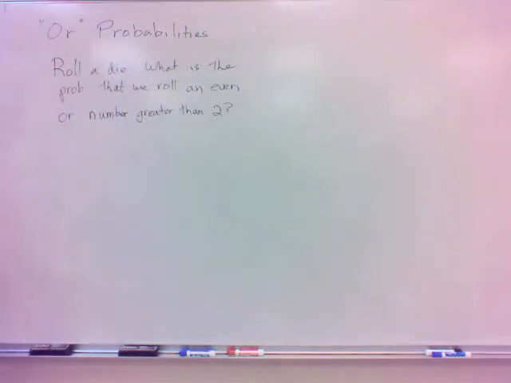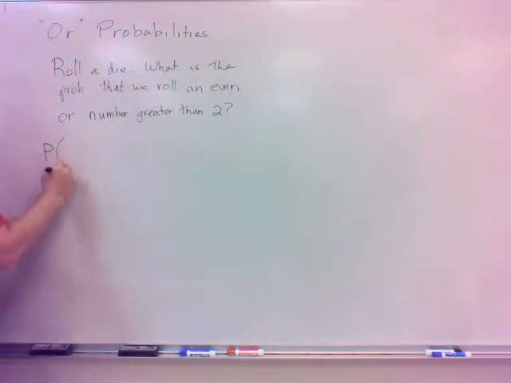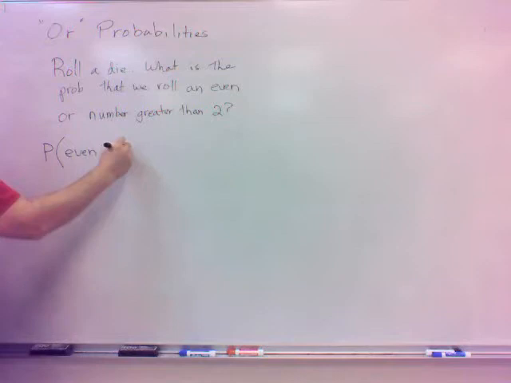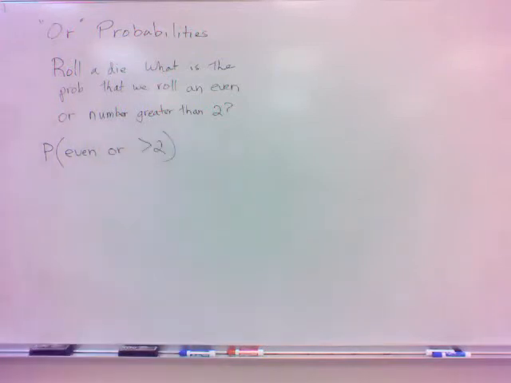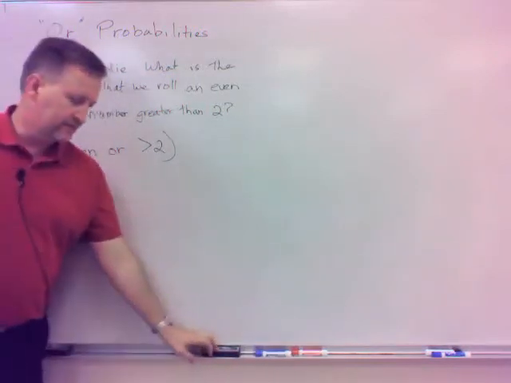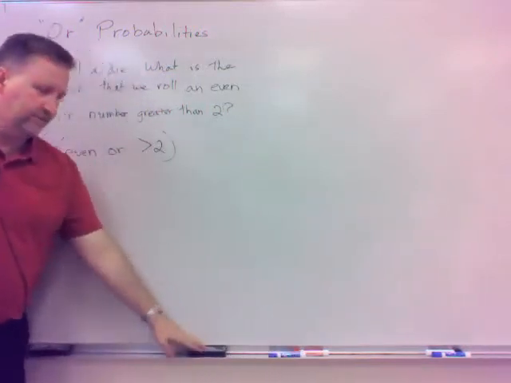Well, let me write it out this way first. All right, so the probability of an even or greater than 2. Use the greater than symbol there. It's going to be even or greater than 2. Now, I'll just tell you this, or, that word right there, we've talked about and, a little bit in a previous chapter.